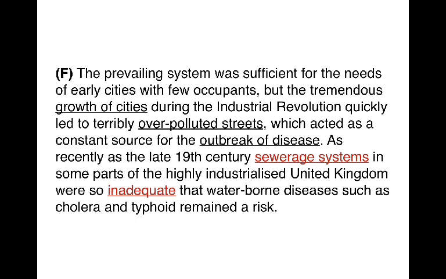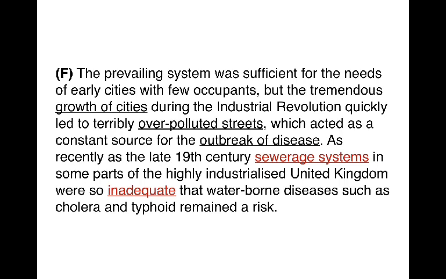Summarising this paragraph, we've got the growth of cities, over-polluted streets, disease. Some diseases were mentioned at the end as well, and the reason for the diseases was the sewerage systems were inadequate, not good enough. So growth of cities, pollution, disease because of the bad sewerage systems.